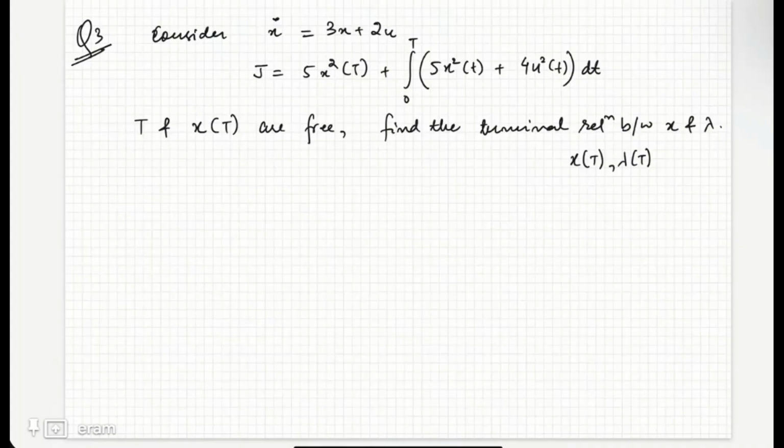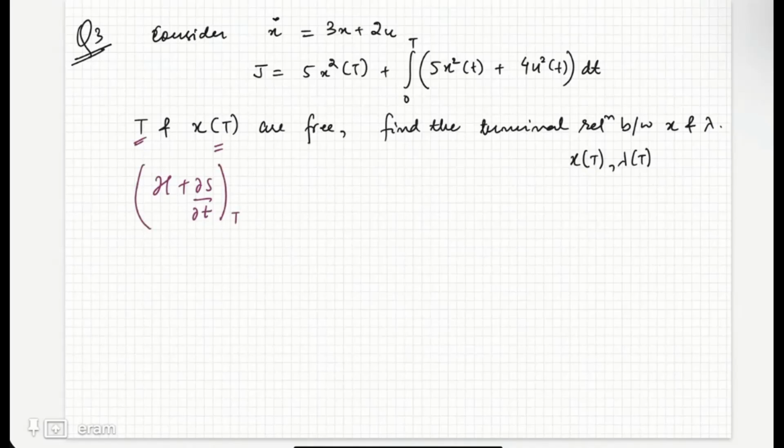Now since t and x of t both are free, their coefficients must also go to 0. So the coefficient for delta t is H plus del S by del t at t.